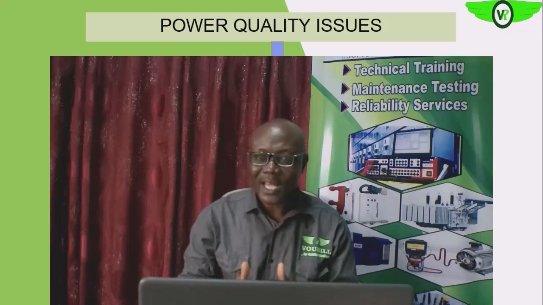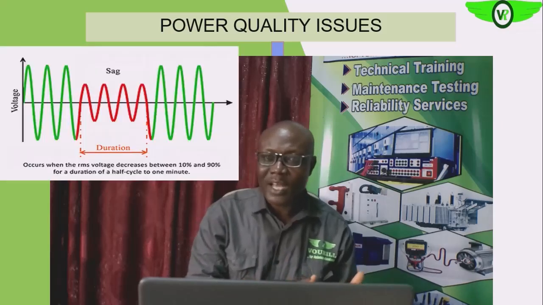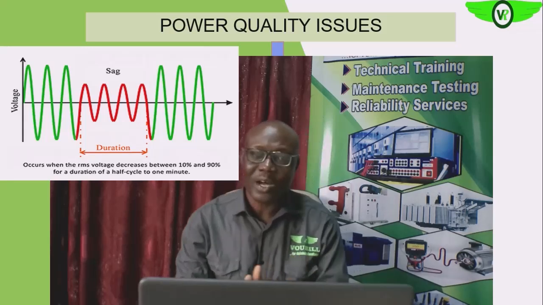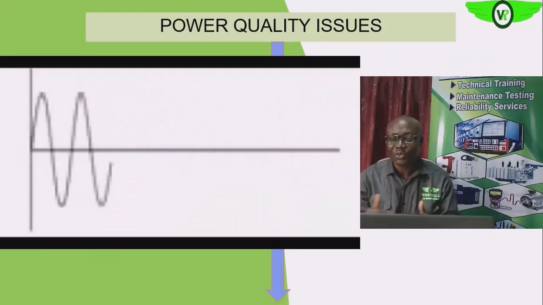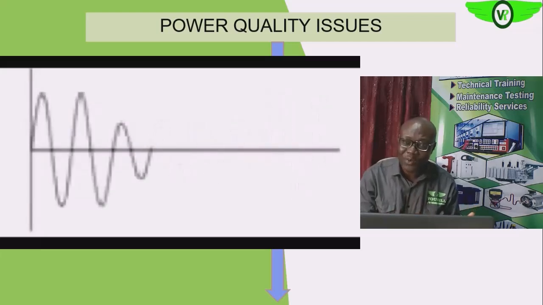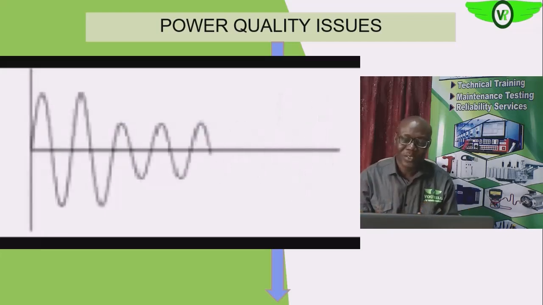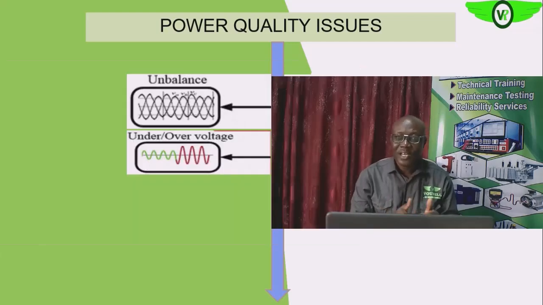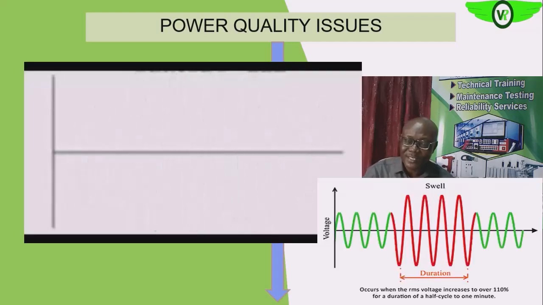Sag, like under voltage, is when we have about that 90% of the power unit into our system, but this time for a lesser time. It has a very short duration, from 0.5, that is half a cycle of the voltage signal, to about 1 minute. Then swell, like over voltage, is 110% and above of the standard power unit in our system.